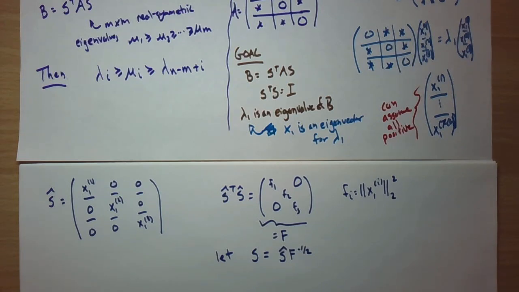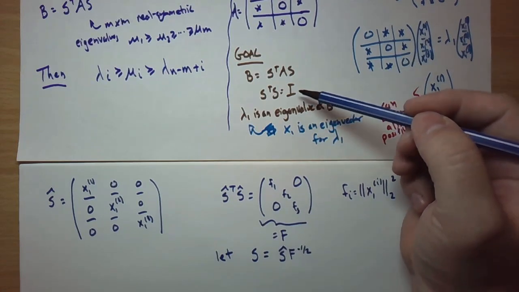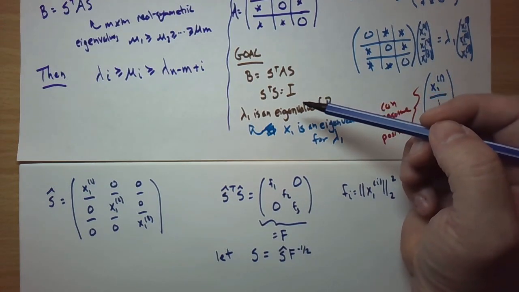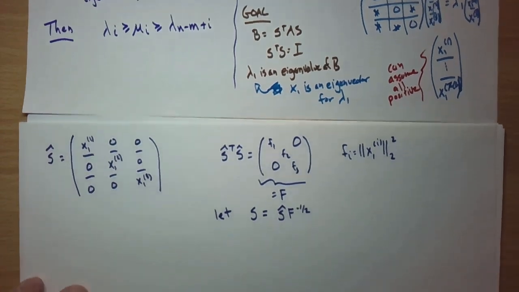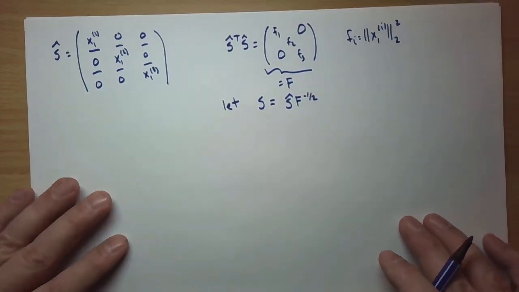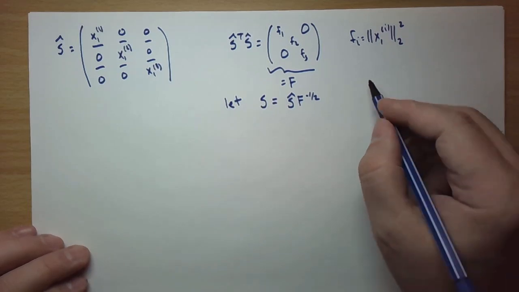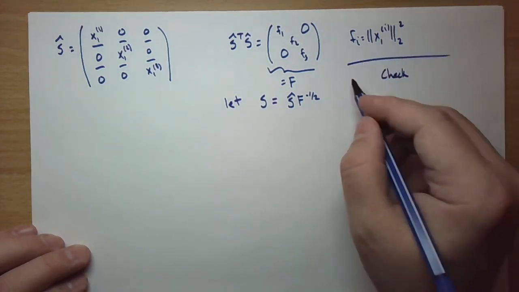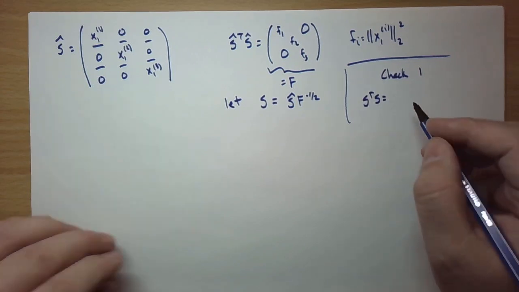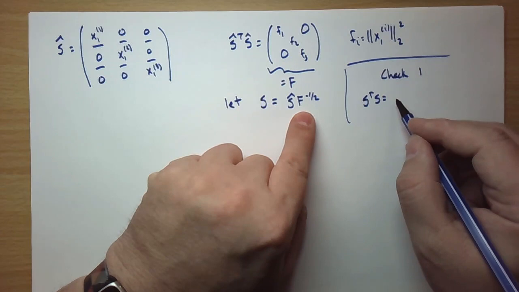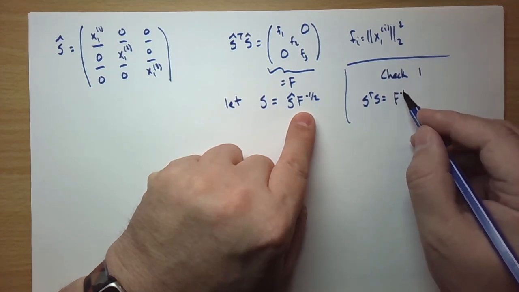Okay, now, is this an S we can use for our interlacing result? In other words, do we have S transpose S equal I? Well, do the computation. Okay, so here we go. We'll slide this up and bring it back when we need it. So check 1. S transpose S. So taking this, we have F to the minus a half.